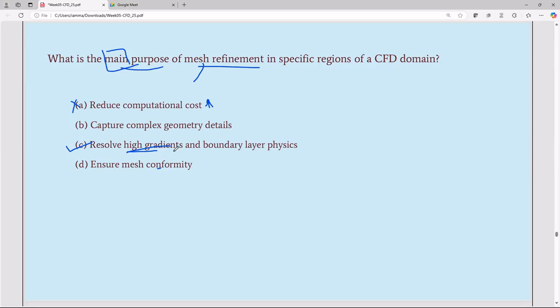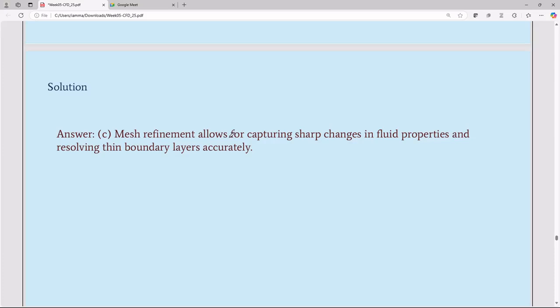These high gradients can only be captured with a highly refined mesh. So for capturing the sharp changes in a very small region, we need to have that much refined mesh in those regions. So our answer is option C, which is the main purpose of mesh refinement.